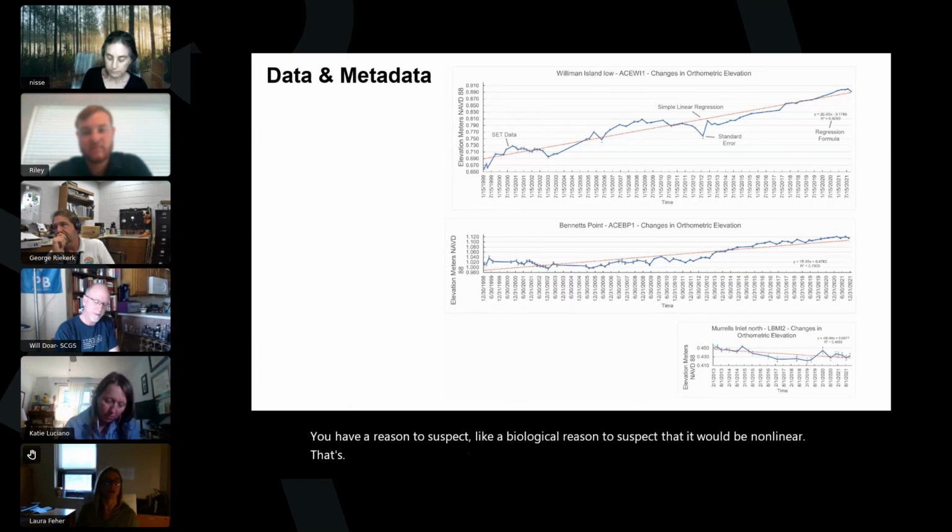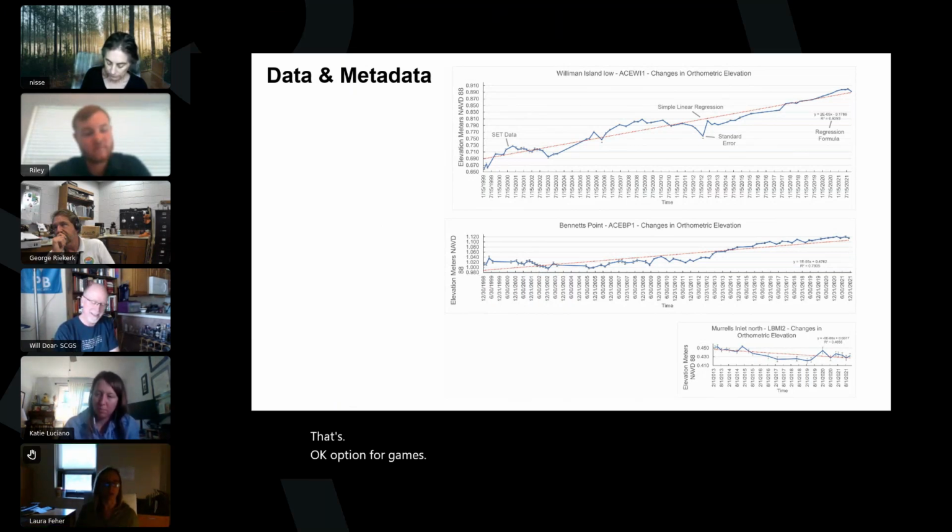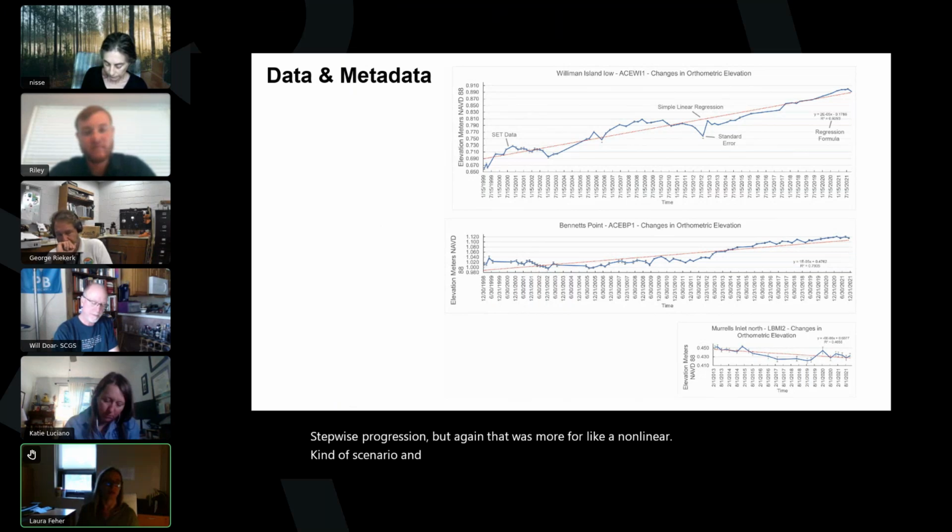That's a good option for GAMs. I've also done stepwise regression in the past, but again, that was more for a nonlinear kind of scenario, and it gets at a similar thing as what the GAMs do. So those are just other options.